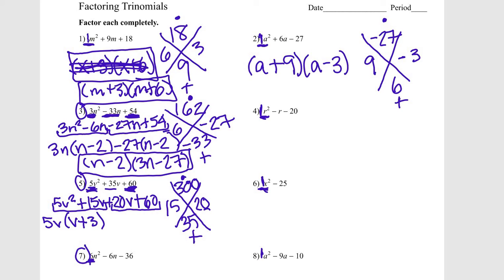Okay, and as I look at this one, 20 goes into itself and 60, so I can factor out a 20. And I'm left with, let's see, 20v divided by 20 is v. 60 divided by 20 is 3. And so I end up with v plus 3, 5v plus 20.